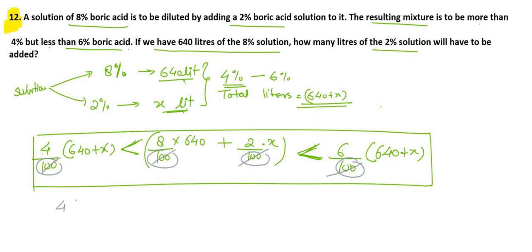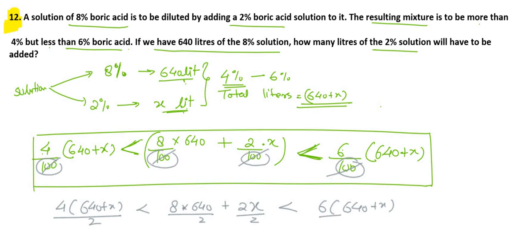So the equation will be 4 times (640 plus X) less than 8 into 640 plus 2X less than 6 times (640 plus X). Can we make it a little bit smaller, each term? I feel 2 seems to be common. So I am dividing each term by 2 to make it a little bit smaller.